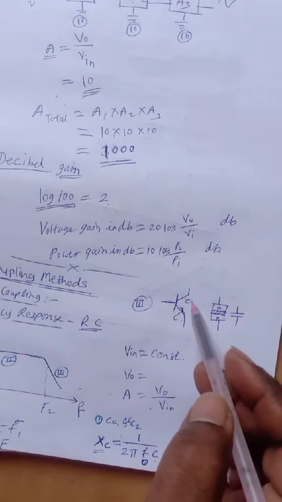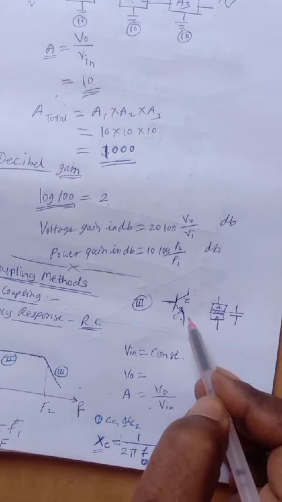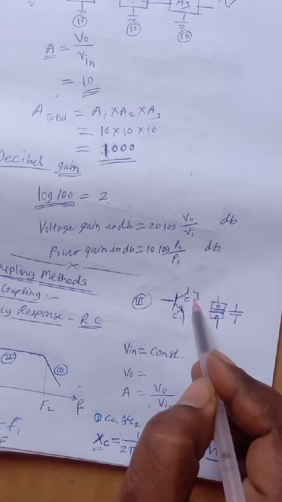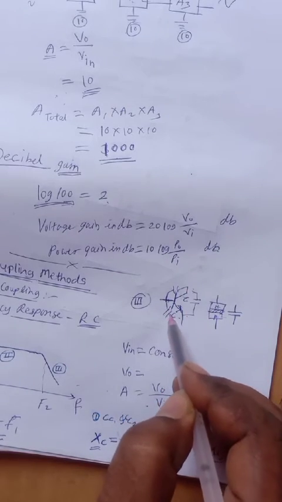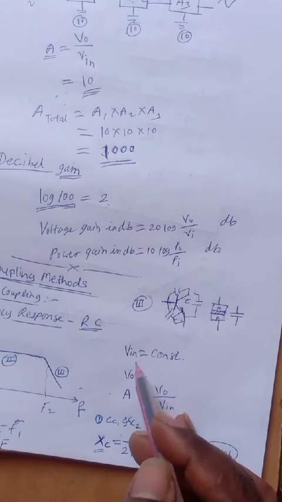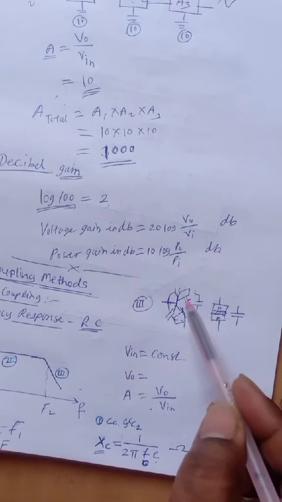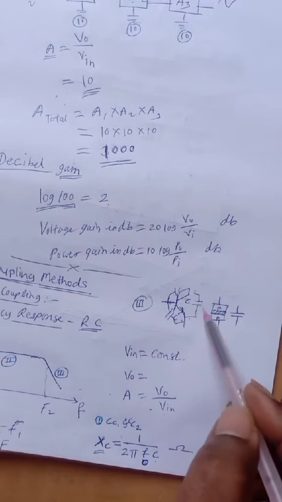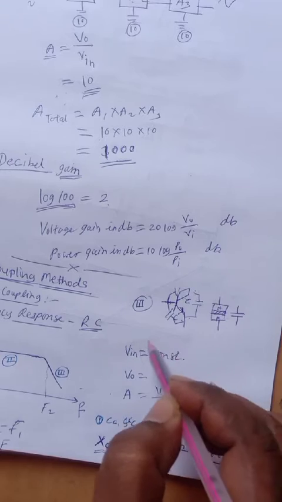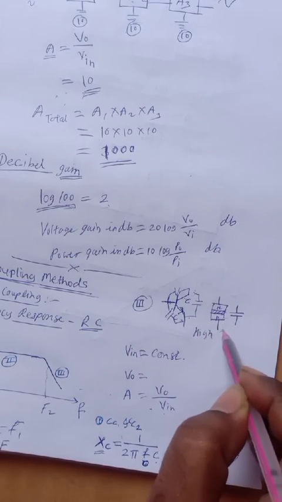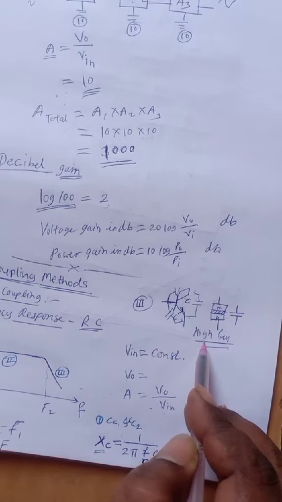These inter-electrode capacitors exist from base to collector, base to emitter, and also collector to emitter. Each of them acts like a capacitor, and they come into action at the higher frequency.